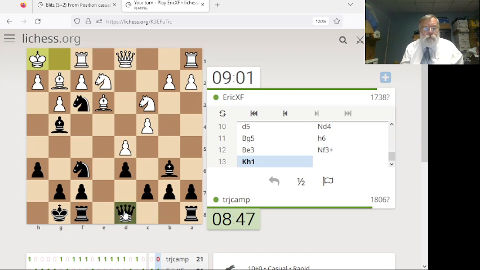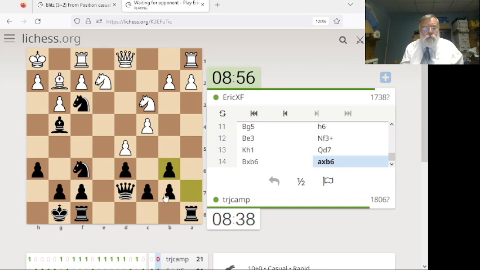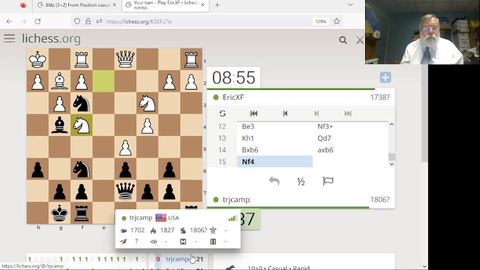Okay. That requires this. How do I attack that? I feel like I gotta do this move here. Right. General theory is to open up the rook file.